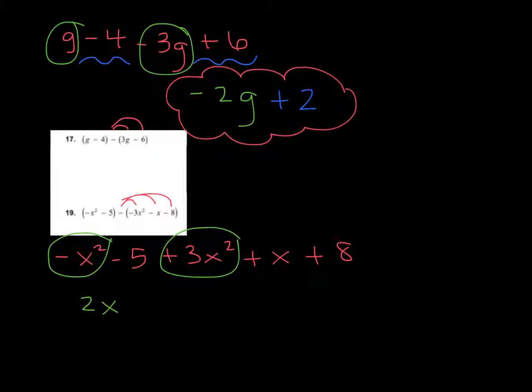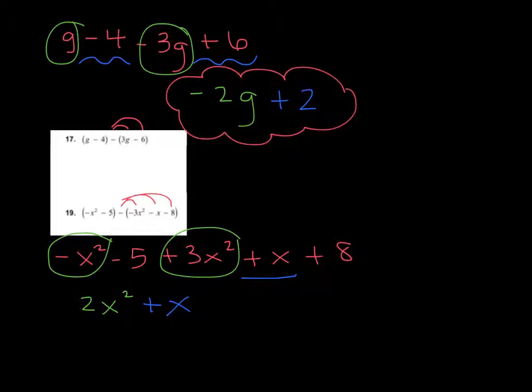That makes 2x squared. Now I'm actually going to deal with this plus x next because I want to write my answers in standard form. So remember, your x squared would come first, then your x's, and then last your constant. So since x doesn't have a like term, I just bring it down and it becomes part of my answer.